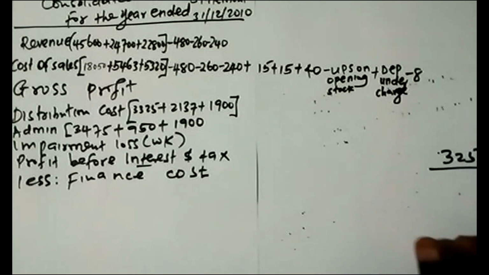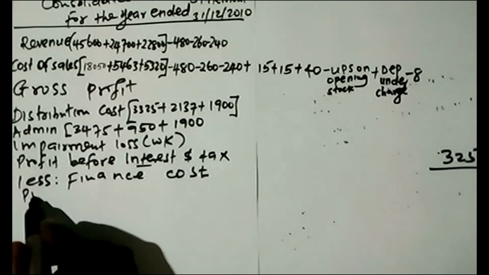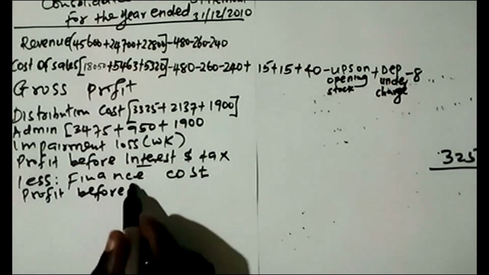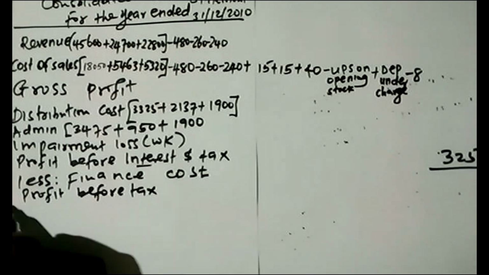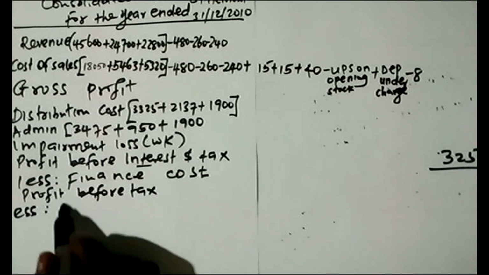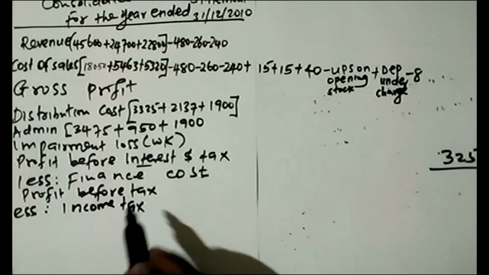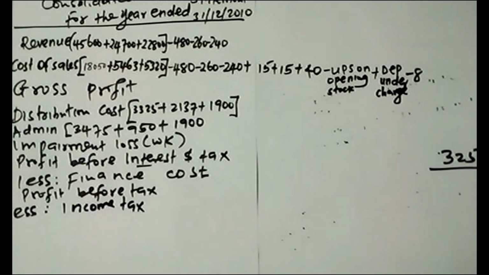So after getting 325, I would say profit before tax. Then I will raise my income tax. The income tax which is supposed to be subtracted here is for the parent, the subsidiary and the sub-subsidiary.